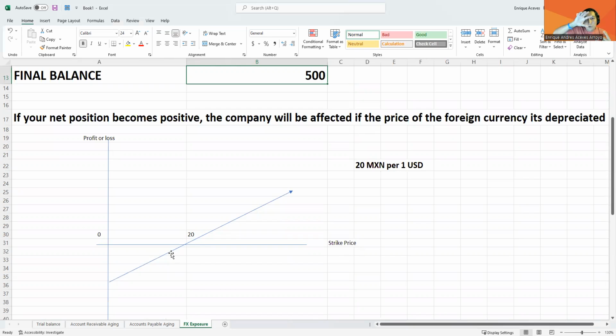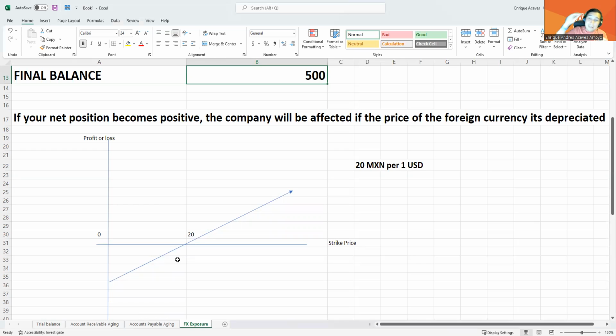So if you want to go to the market and change those $500 that you have into pesos, when yesterday they were at 20 pesos, but right now that you have the 500 and you want to cash them out, the exchange rate is 19 pesos, then you will have losses because you will receive fewer pesos than you would before.